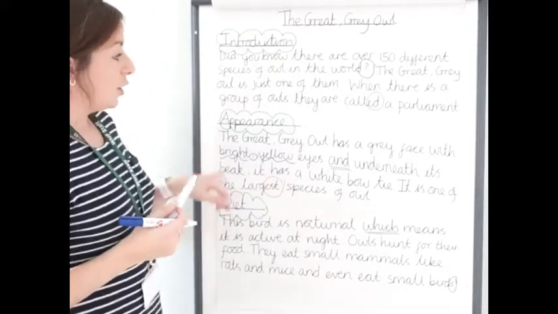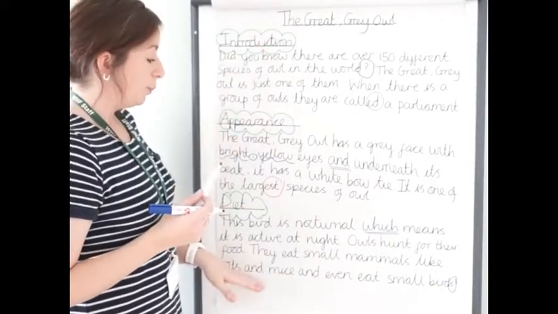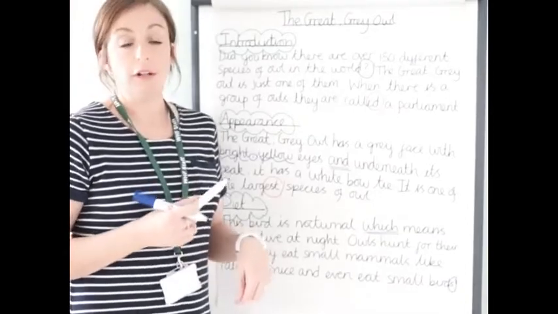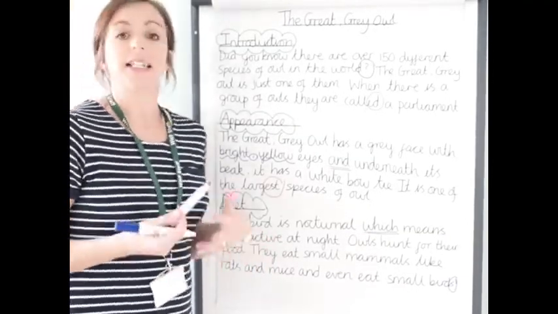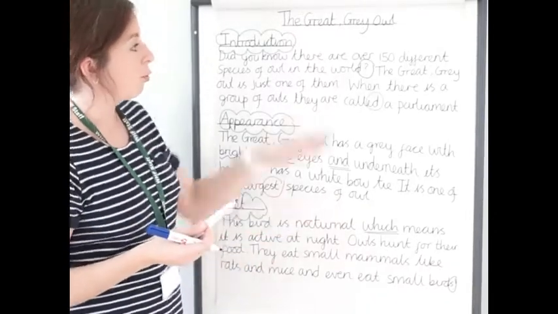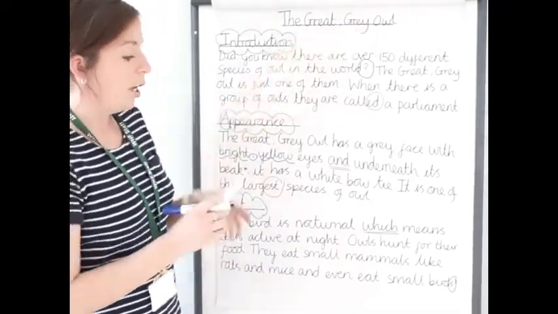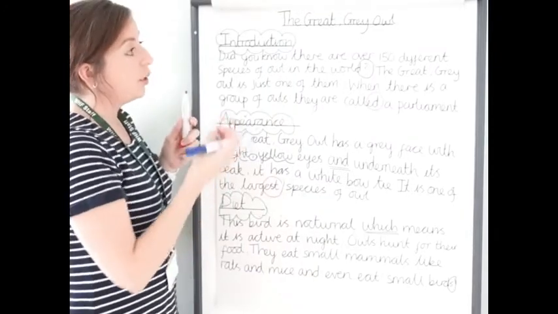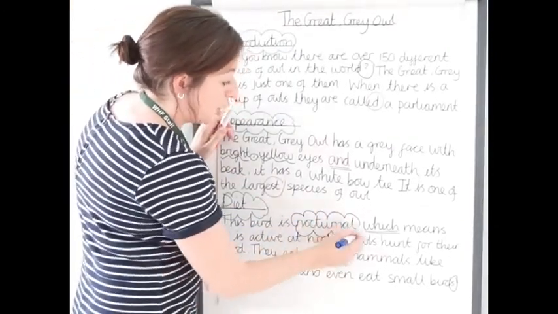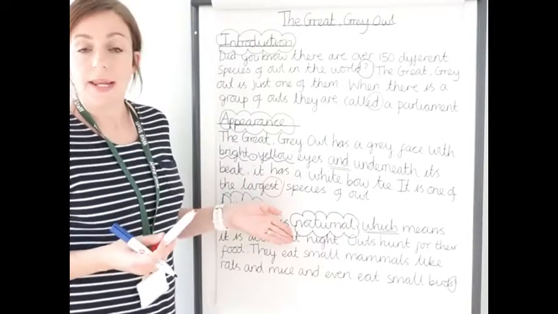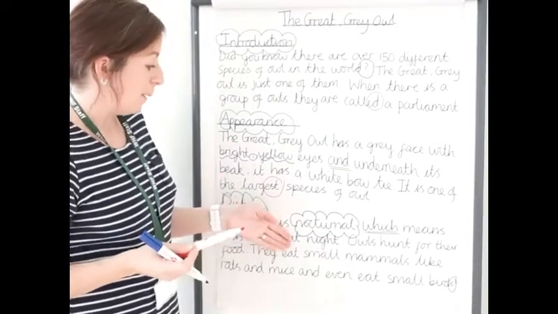The other thing that we need to notice is in a non-chronological report, the vocabulary you choose is really important because it needs to be scientific. It needs to be appropriate to what you're talking about. So we have words to do with the subject. Now what I mean by that is we've got nocturnal. Now that wouldn't normally appear in a fiction piece, okay?